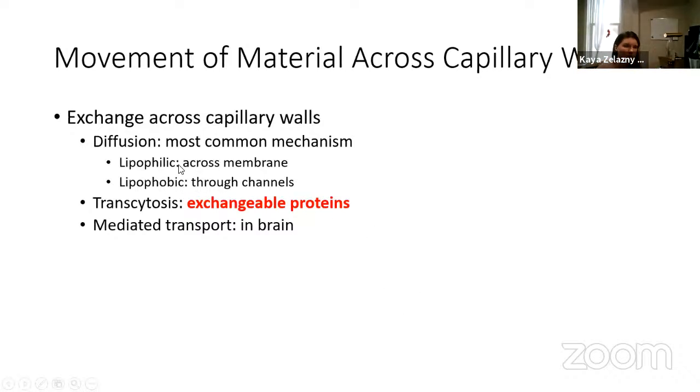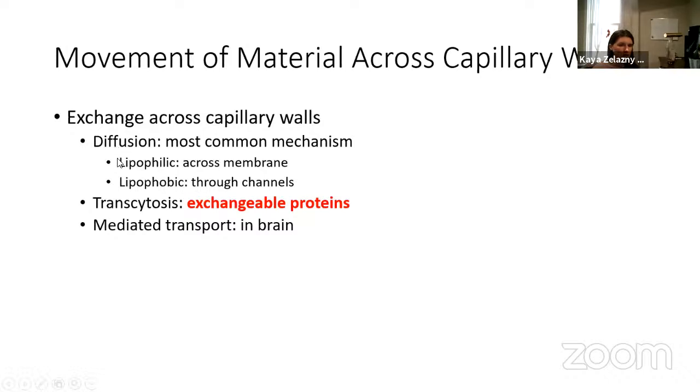So we're going to see two types of diffusion in our capillaries. One, we're going to see stuff diffusing directly across the membrane. Remember that the membranes of cells are made of phospholipids, so lipids, nonpolar.